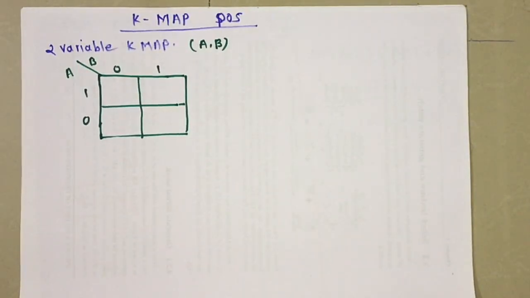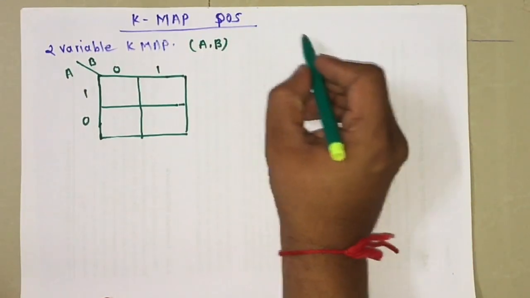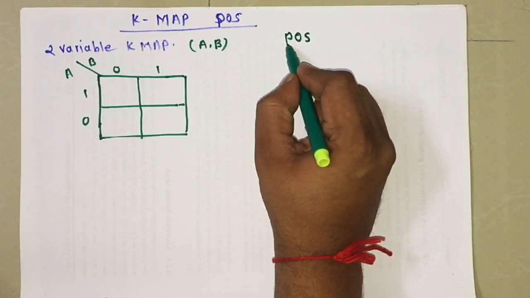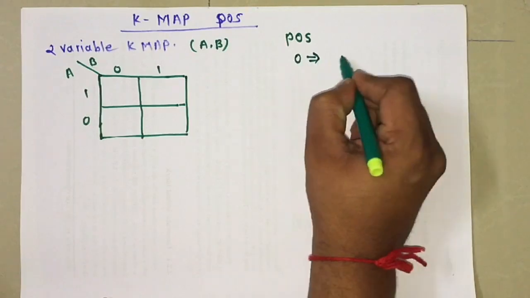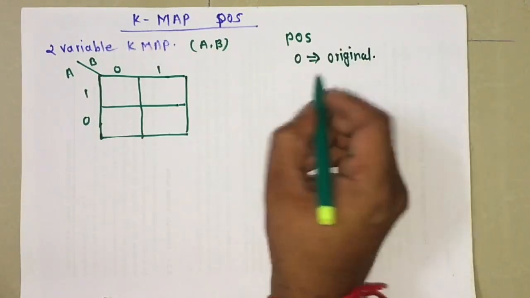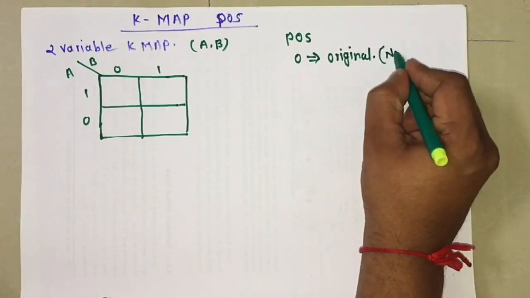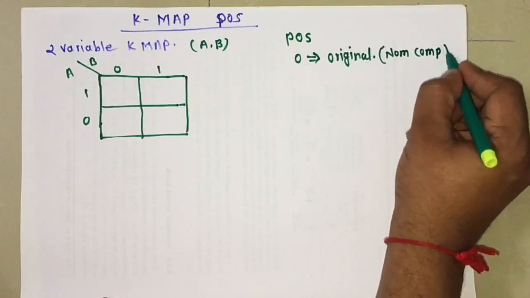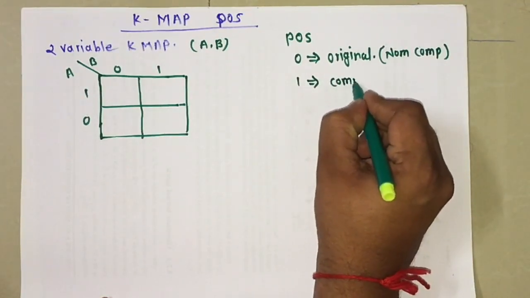Now in our last lectures we studied that if we have a POS type of equation, POS indicates product of sum. That time 0 will indicate what? 0 will indicate the original value, or it may be called the non-complemented form, and 1 will indicate what?